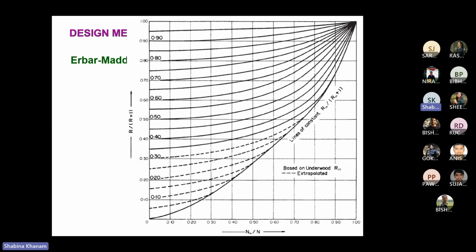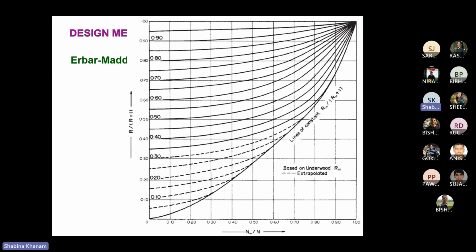So therefore this is not a graphical approach, though some graph is required to refer to. This Erbar-Maddox method completely relies on this particular graph. What this graph shows is, on the x-axis I have Nm by N, where Nm is basically the minimum number of trays.